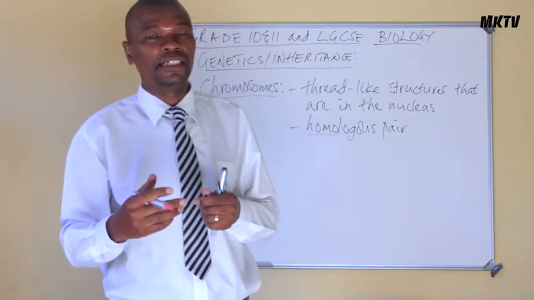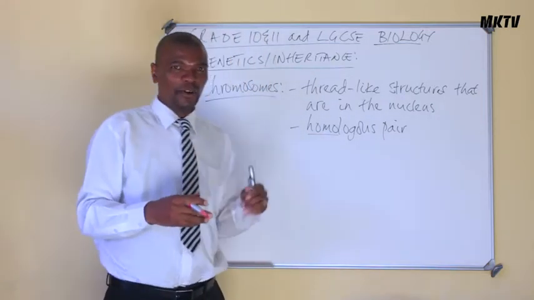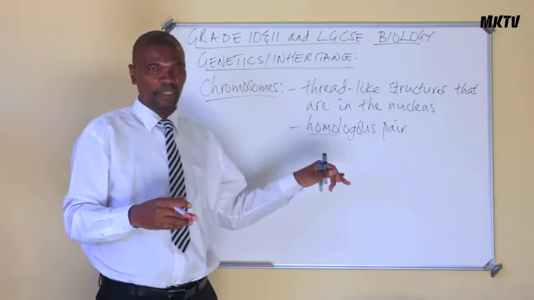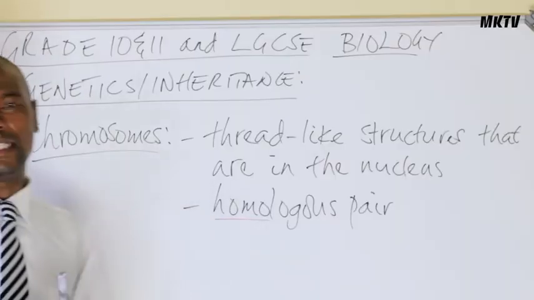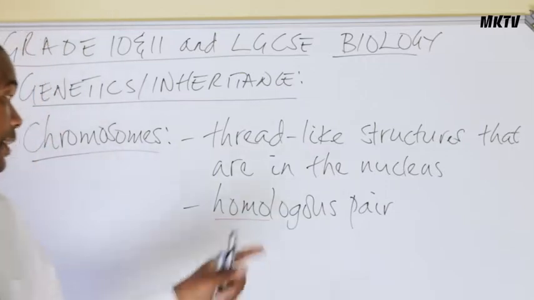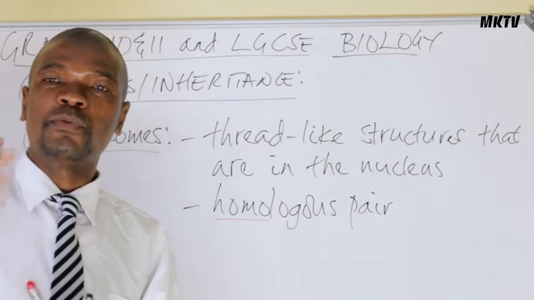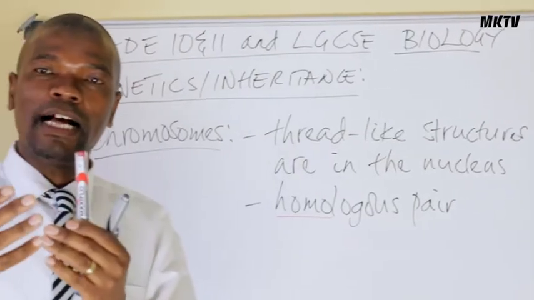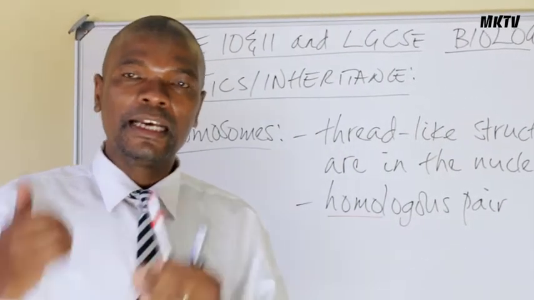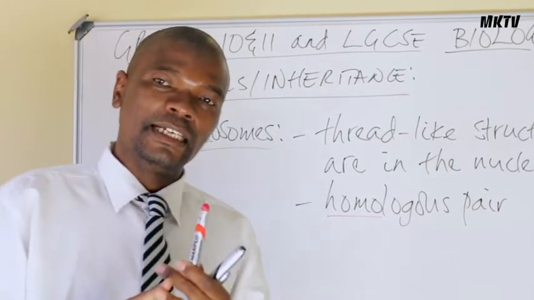Like when you say homosexuality, words like that, homo will mean the same. So when we say chromosomes exist in pairs, especially homologous pairs, we mean the chromosomes will pair up according to their similarity. This similarity could be in structure and also in size.